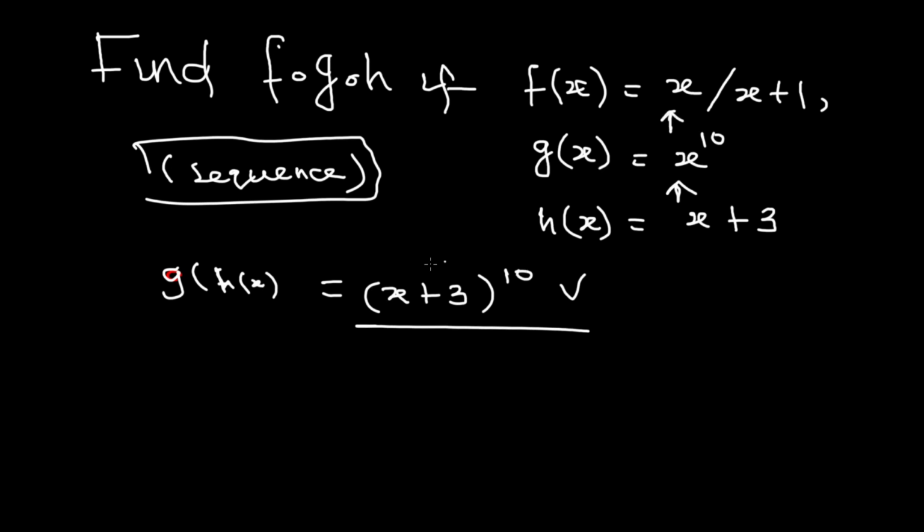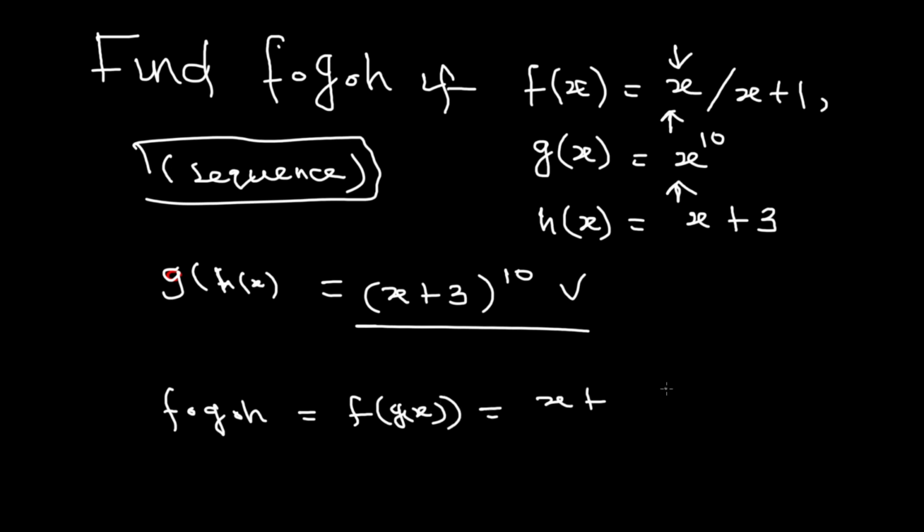So we take this whole function here and put it wherever we find the input or the variable, which is x. So we're going to say f of g. So f of g of h therefore becomes f of g of x, because we know what g of x is.